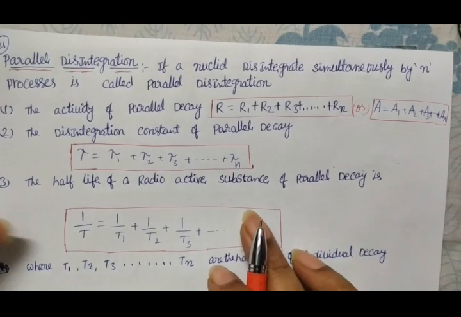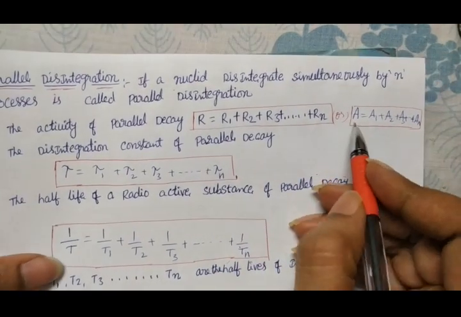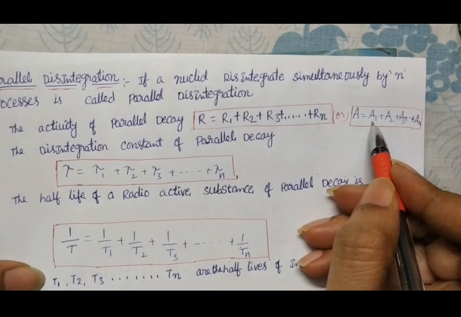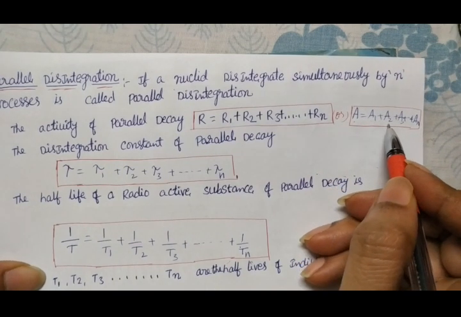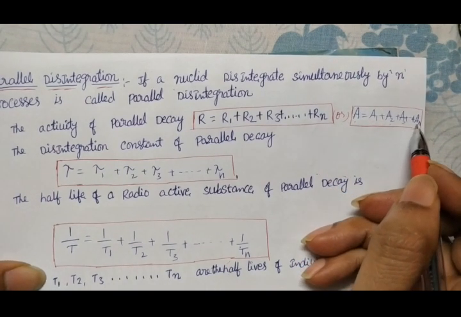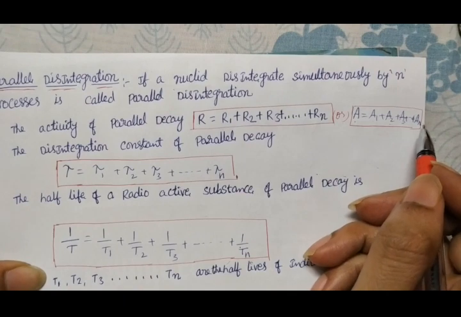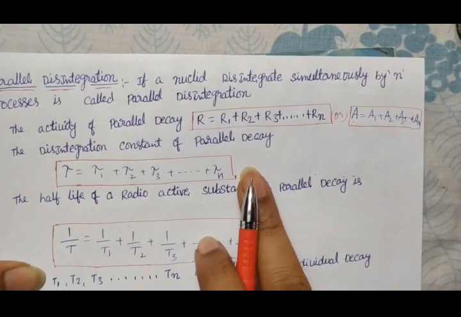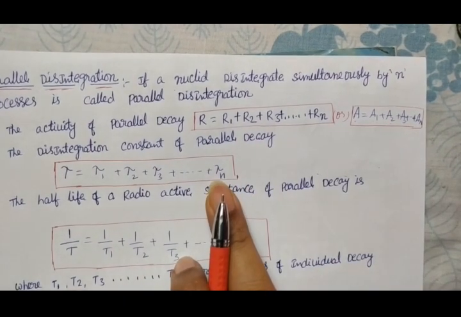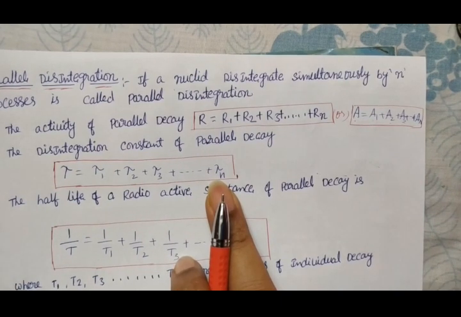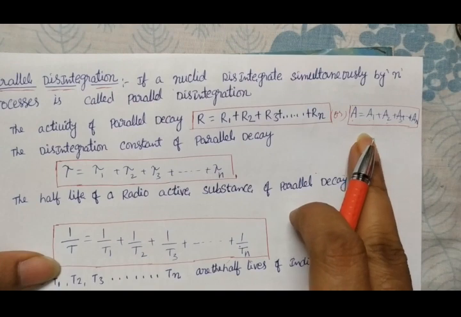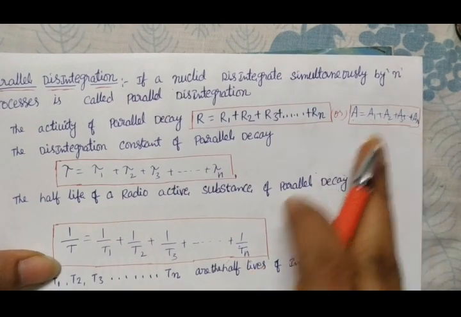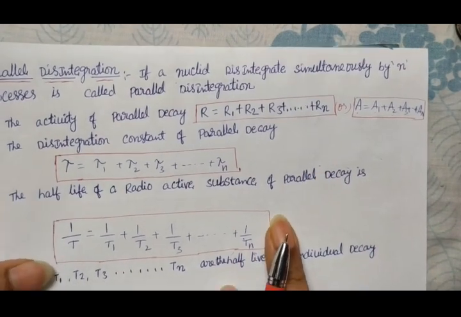In parallel disintegration, the total activity is the activity of the first path plus the activity of the second, third, and so on, up to the activity of the nth. That is, if a nucleus is disintegrating in n different paths with different radioactivity, then the total activity is A1 plus A2 plus A3, and so on, up to An.